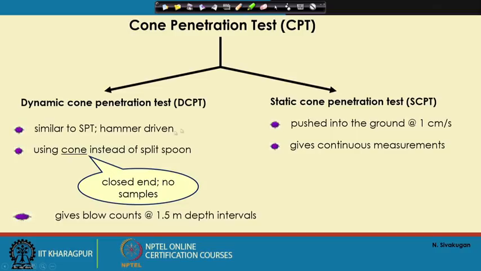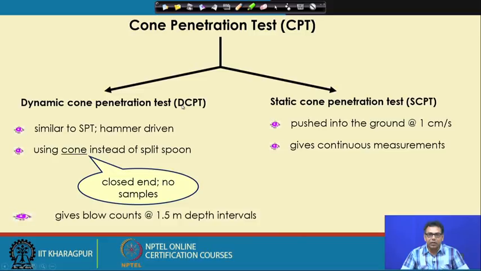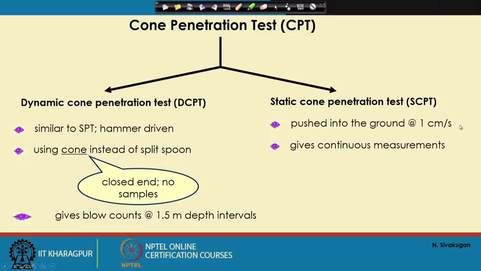I have already discussed that the dynamic cone penetration test is similar to the SPT, where we apply hammer blows to drive the cone into the soil, like in the SPT where we apply blows to drive the sampler tube into the soil. But in the static cone penetration test, we are not driving the cone, we are basically pushing it into the soil at a particular rate, generally 1 centimeter per second.